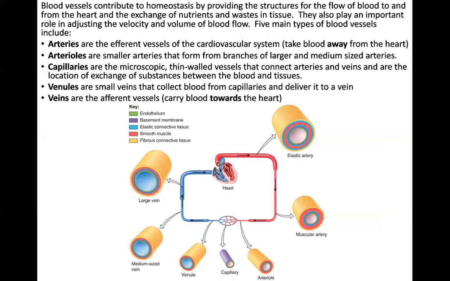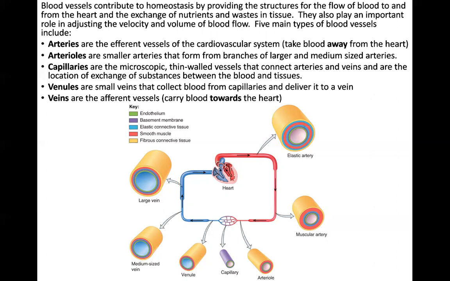And body cells also can't walk to the places where they need to get rid of their wastes. So wastes are also carried by way of our blood in our blood vessels to places like our kidneys to filter out that waste, or in the case of carbon dioxide, to our lungs to be eventually exhaled from our body altogether.